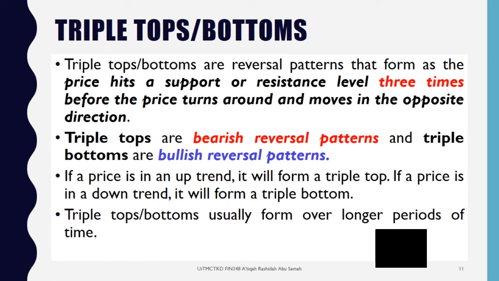Triple tops or bottoms are reversal patterns that form as the price hits a support or resistance level 3 times before the price turns around and moves in the opposite direction. So triple tops are bearish reversal patterns, and triple bottoms are bullish patterns.